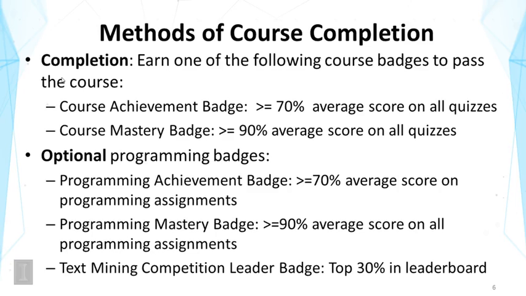The first is programming achievement badge. This is similar to the course achievement badge. Here we require you to get at least 70% average score on programming assignments. And similarly, the mastery badge is given to those who can score 90% average score or better.